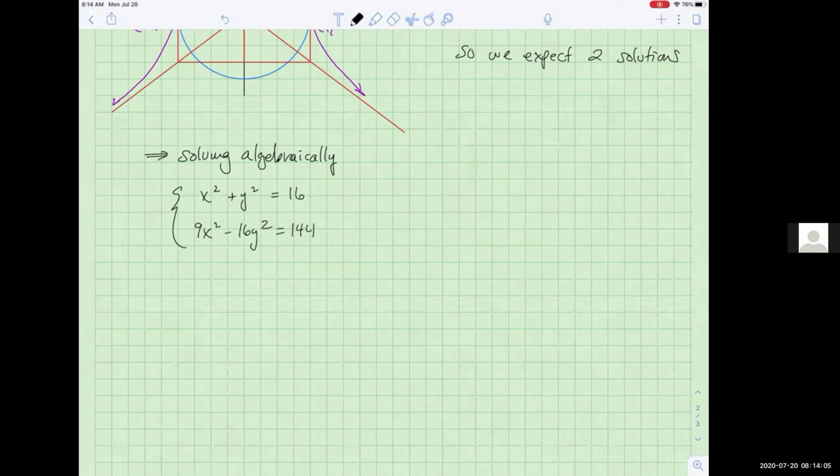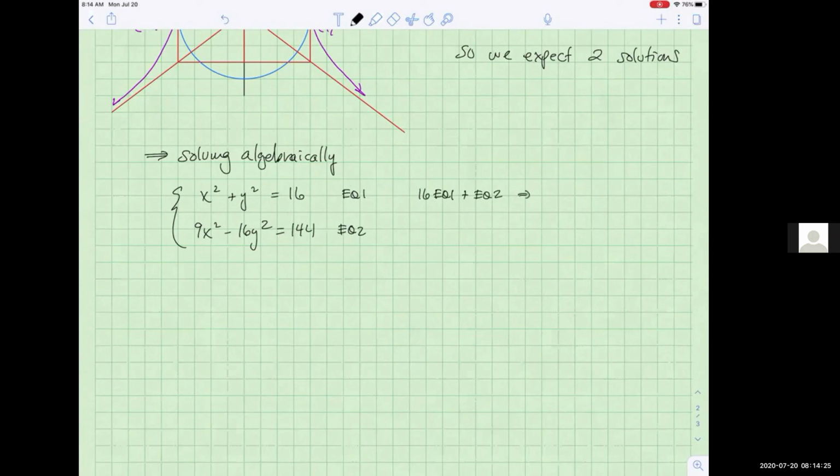So I think what we're going to do is just some simple elimination. If this is equation number 1 and this is equation number 2, I think what we'll do here is something like 16 times equation number 1 plus equation number 2.